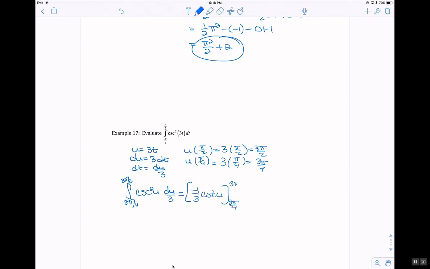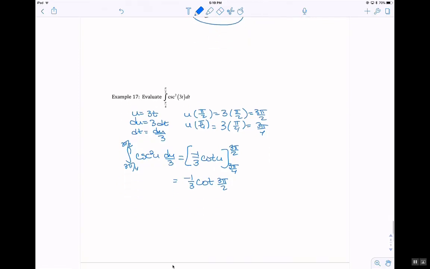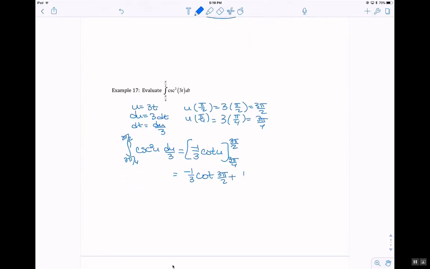So I get negative 1/3 cotangent of 3 pi over 2, and then plus 1/3 cotangent of 3 pi over 4. The cotangent of 3 pi over 2 is 0, and the cotangent of 3 pi over 4 is negative 1, so I get negative 1/3. Okay.